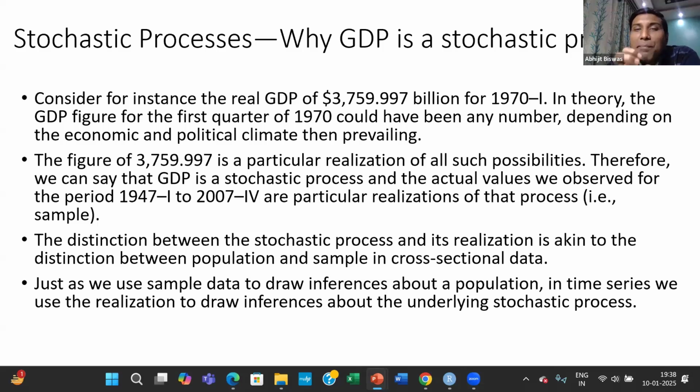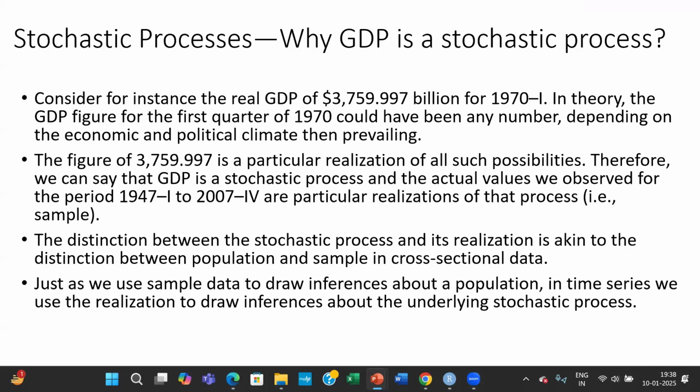The sample that we have taken is a collection of all the realized values of GDP out of the random process that GDP follows in theory, because GDP can take any value that you cannot tell with certainty. Only after you have got the numbers do you quote that number. But before that declaration happens, the GDP number could be anything. Is it clear?